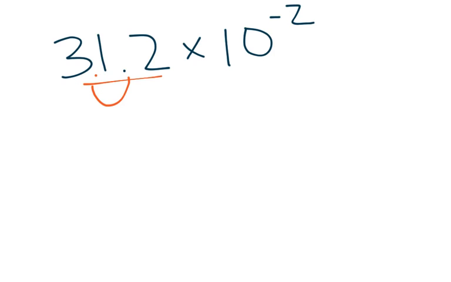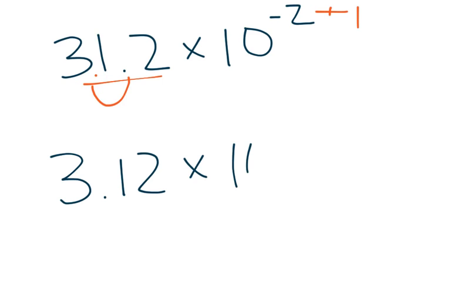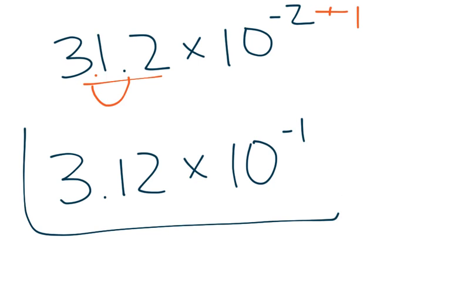And since we're moving the decimal place once, since we're making this number smaller, we're going to make the exponent bigger by adding 1. Okay, so we have 3.12 times 10, and negative 2 plus 1 is negative 1. So this is our final answer for number 22.